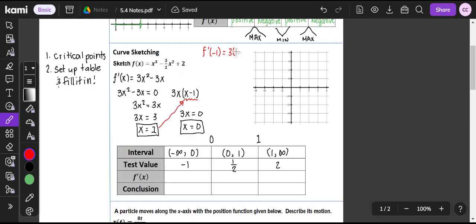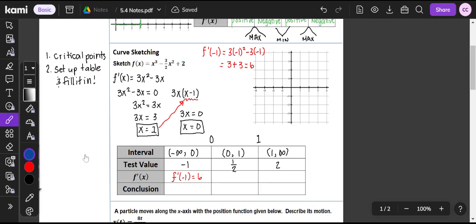So I'm going to have 3 times -1 squared minus 3 times -1. And what I'm going to get is -1 squared is 1, so this is 3. And then I have a -3 times a -1, so this is plus 3. And I'm going to get 6. So f prime of -1 is equal to 6.